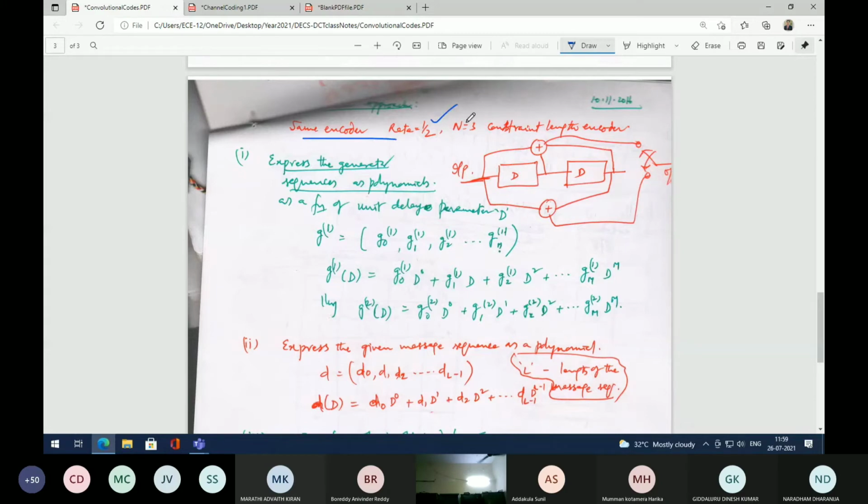The encoder is half rate, and n is equal to 3, that is, the constraint length is 3 here, because I already told you constraint length is nothing but the number of registers plus 1. By the time you get this output here, you will get the transformations 1, 2 and 3, because that operation has to be done here. So you will get 3. That's why it's called constraint length 3.